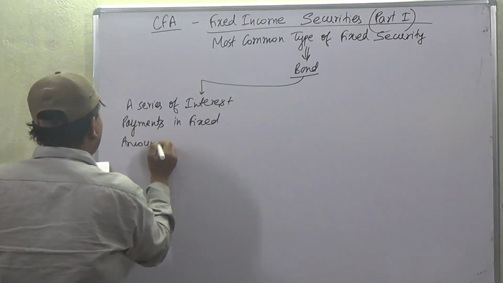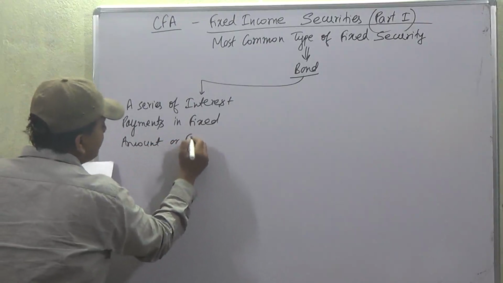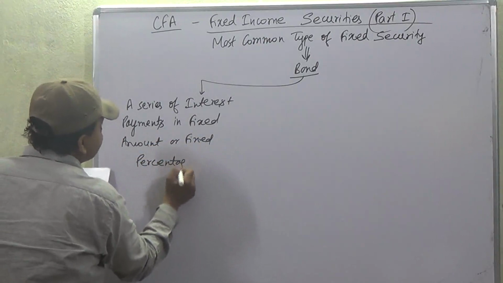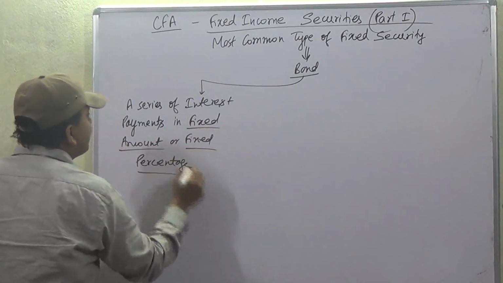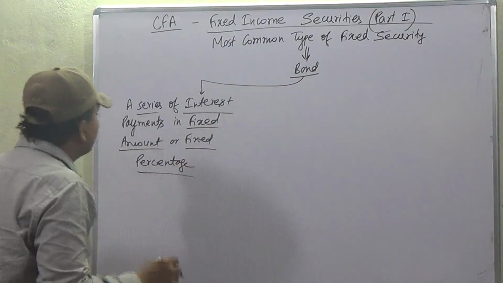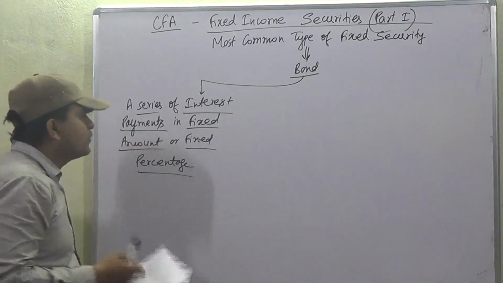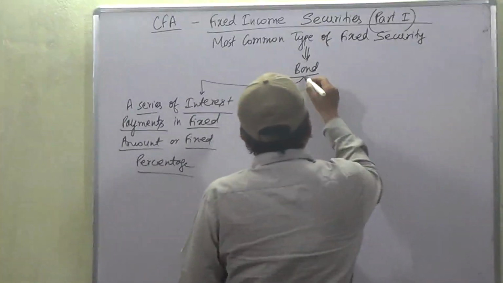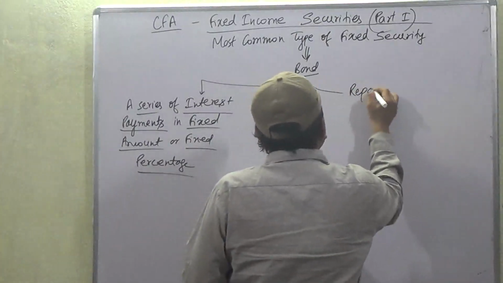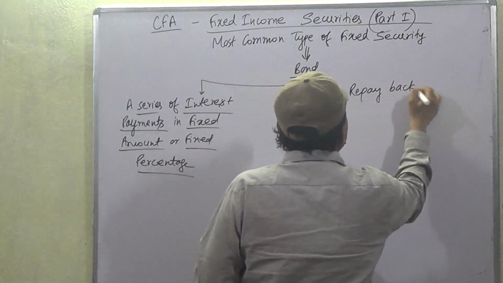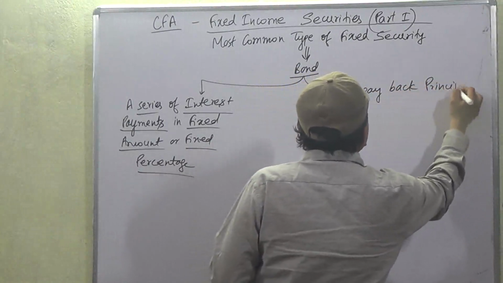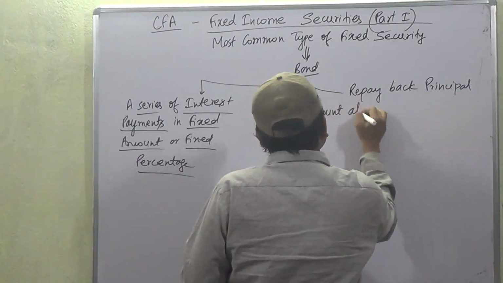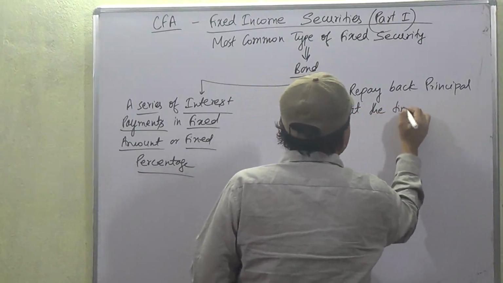You could say fixed amount or fixed percentage, both are the same. So it is a series of interest payments in fixed amount or fixed percentage. Second part is that it repays the principal amount at the time of maturity.